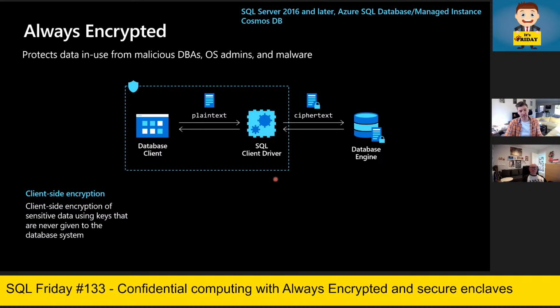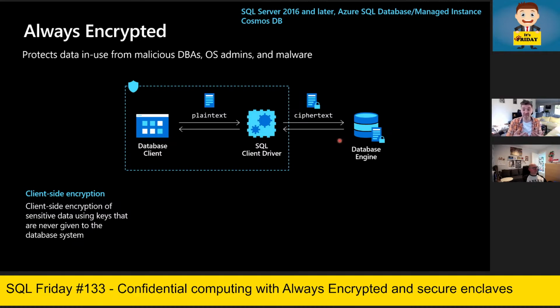So how does it work? Now, if your client application wants to retrieve information from the database, it's going to send a query in plain text, but the client driver is going to encrypt that information. And it's going to send it in ciphertext over the network to the database engine. The database engine will fetch that information and will send it in ciphertext back to the application.